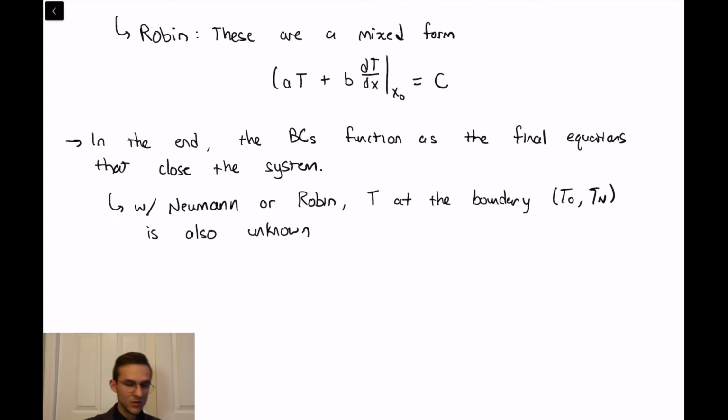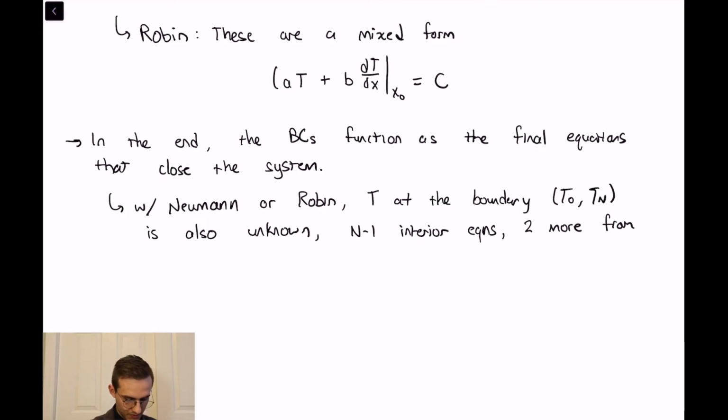So we have the n-1 interior equations and unknowns, but we pick up two more from the boundary conditions.